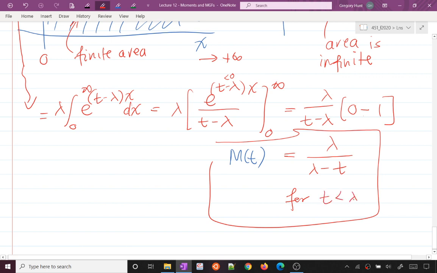So this is what I was talking about, that there's some interval around 0, some neighborhood of 0, for which this converges and works nicely. And so we just define the MGF in that interval. If you try to take t bigger than lambda, you're going to run into issues. But we just say it's not defined there. Okay. And that's the MGF.